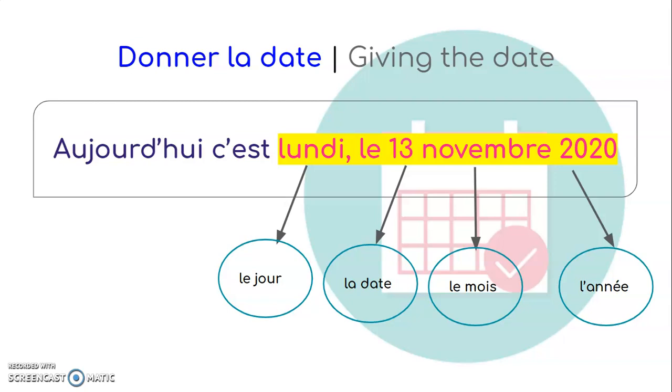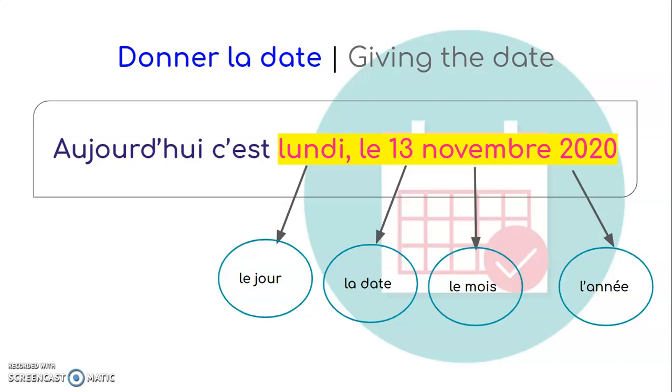So, numéro un, the first thing we do is to give le jour, the day. So in this example, we have lundi, Monday. Then we use le. Le means the. Le is usually followed by la date, the date.